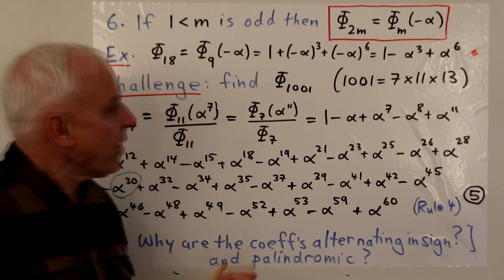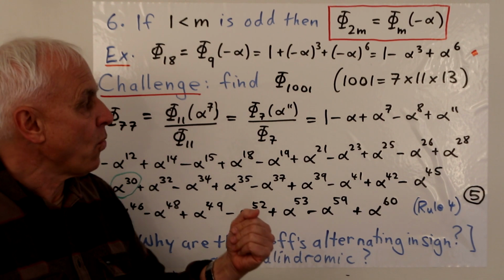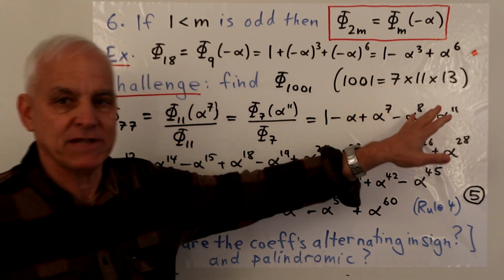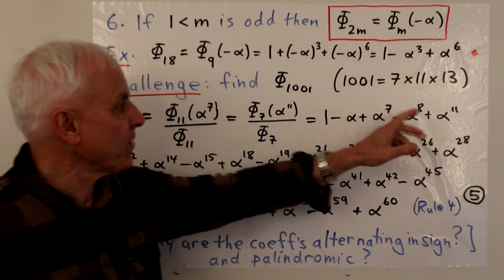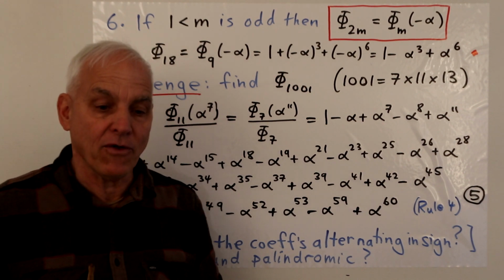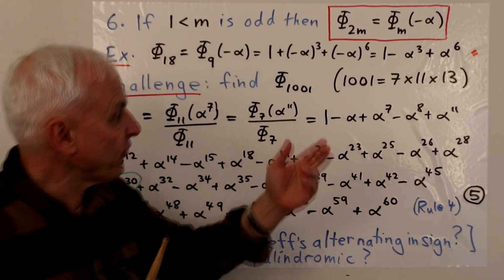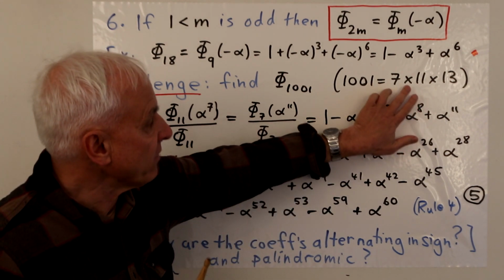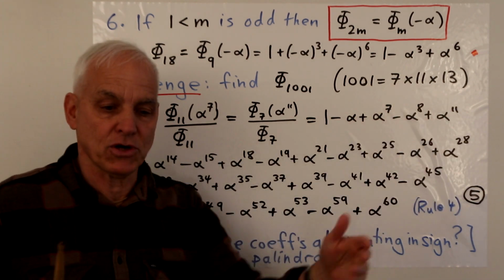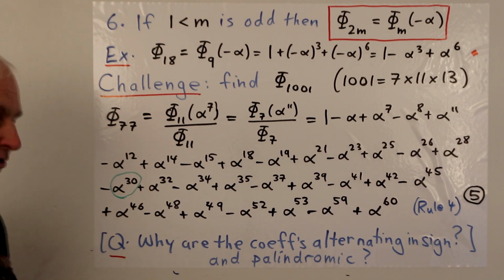Okay, so this number, its divisors, are just going to be consisting of products of subsets of these 3 primes. So aside from the primes 7, 11, and 13 themselves, and we know what their cyclotomic polynomials look like, we also have the factors 7 times 11, 7 times 13, and 11 times 13. And so it's reasonable to calculate those first. So let's look at phi sub 77.